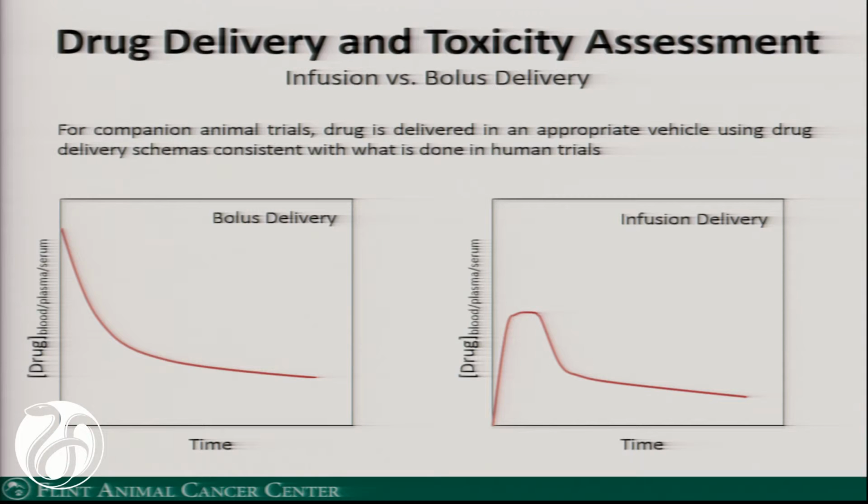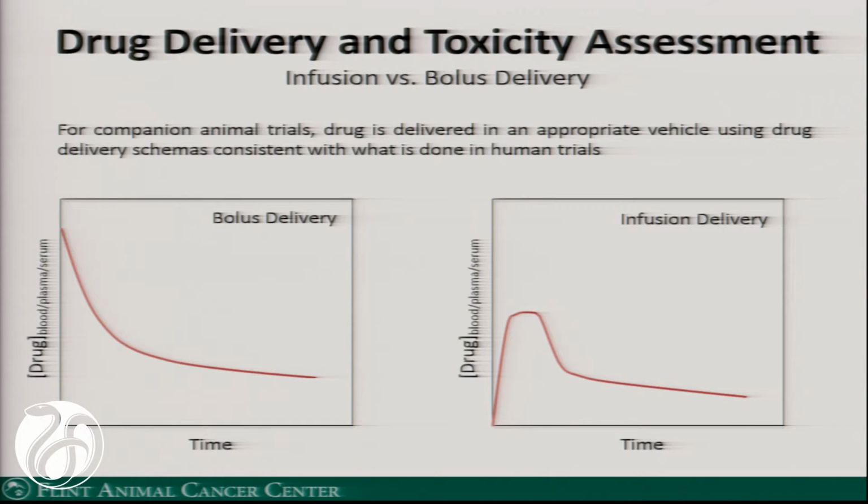So the fact that drug delivery in dog trials very often is done by infusion, where you can now use longer time frames to deliver drug, allows you to use less soluble compounds, and allows you to use solvents and things that are much more life miscible rather than DMSO and some other things that we have to use to give the bolus higher doses that we try to give the mice.